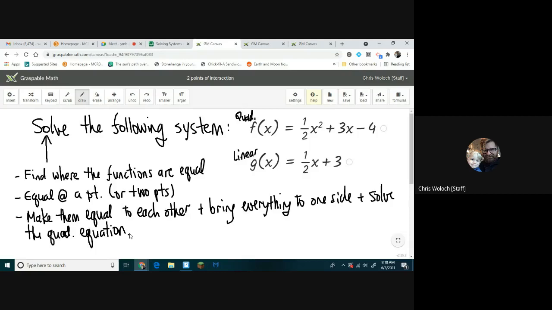So again, what I'm going to do with these two functions, f of x and g of x, is make them equal. And when you think about it, that makes sense, because if I'm going to find where the functions are equal, and we know that graphically, it's where the line will cross or hit the parabola, then it makes sense algebraically for me to make the two functions equal and then see what happens.